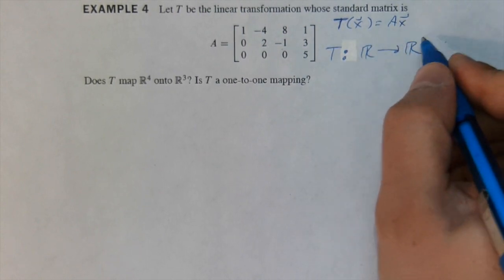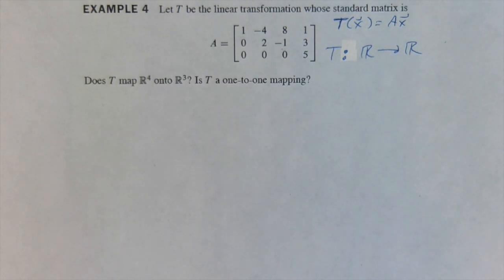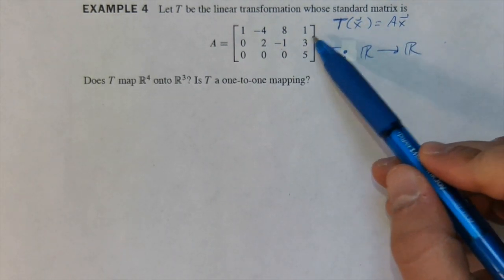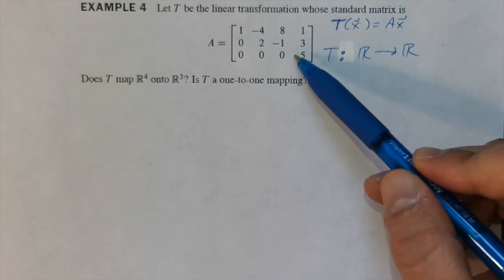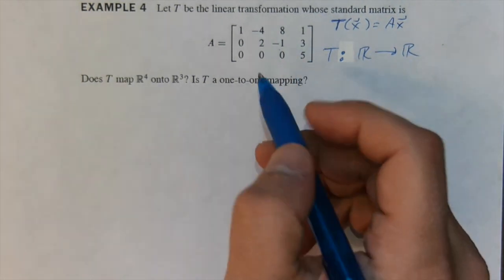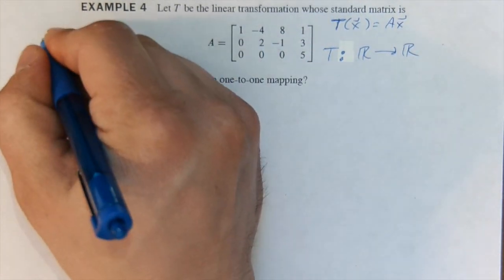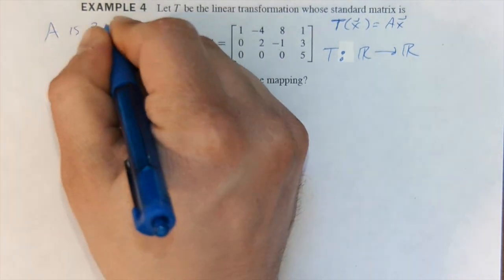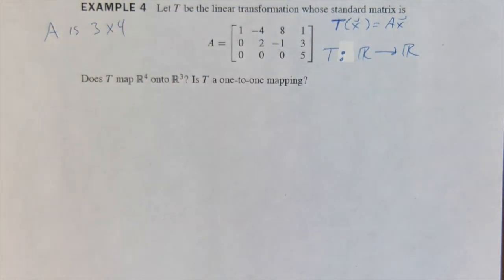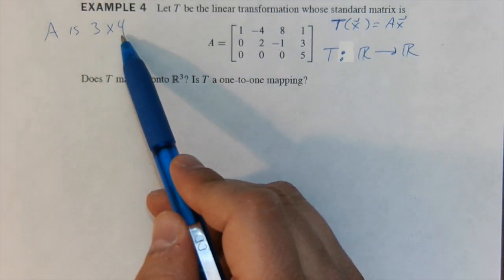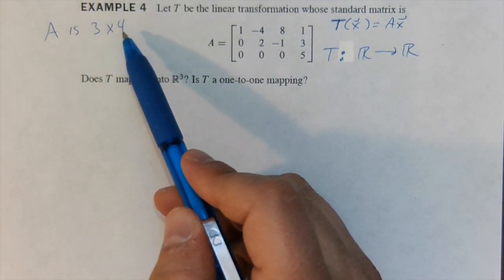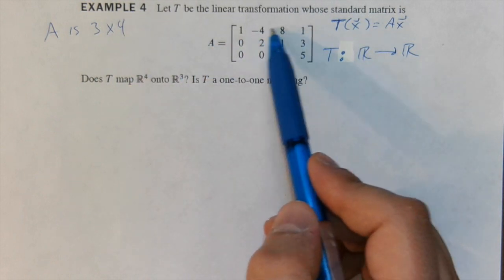So we'll fill in some numbers there in a second, but let's think about how this works. In order to do this transformation, you multiply by this matrix. And so A is a 3 by 4 matrix. And if A is 3 by 4, you need to multiply by things that have 4 elements, right?